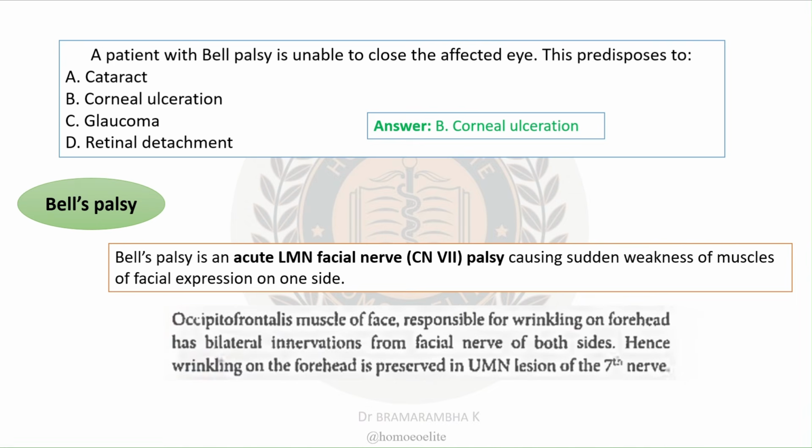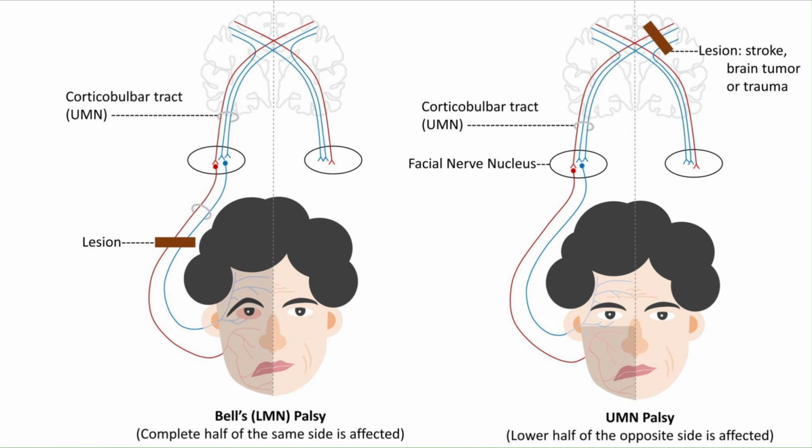The occipitofrontalis muscle of the face is responsible for wrinkling of the forehead, and because of bilateral innervation of the facial nerve from both sides, wrinkling on the forehead is preserved in an upper motor neuron lesion. So how can you differentiate Bell's palsy, a lower motor neuron lesion, from an upper motor neuron lesion? You will see absence of wrinkling on the forehead in Bell's palsy, whereas in an upper motor neuron lesion wrinkling is present.